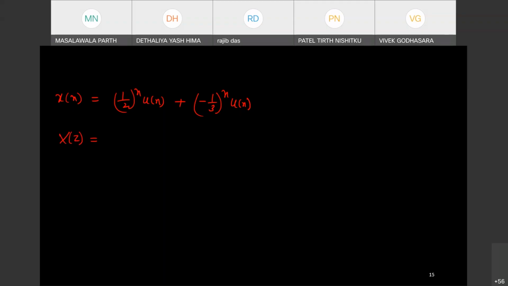So, okay, I can use the one property, that is linearity. The same thing is also applicable here. So using linearity property, you can combine these two. So what is x of z? So this right side sequence, it is 1 upon 1 minus alpha is in this case half, and it is z to the power minus 1. Is it fine?